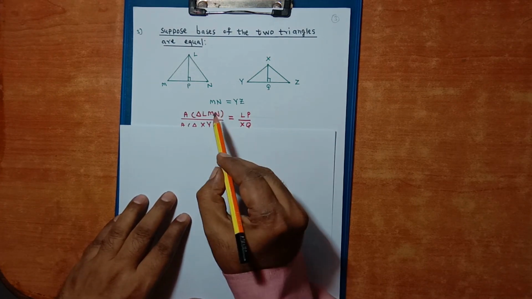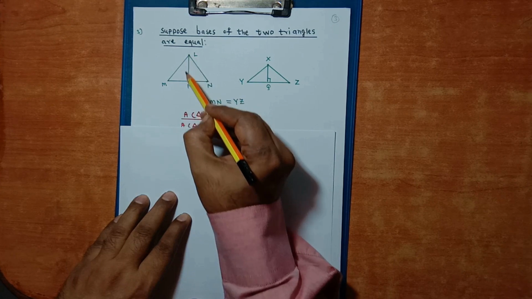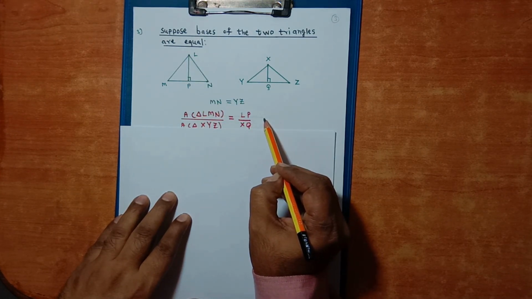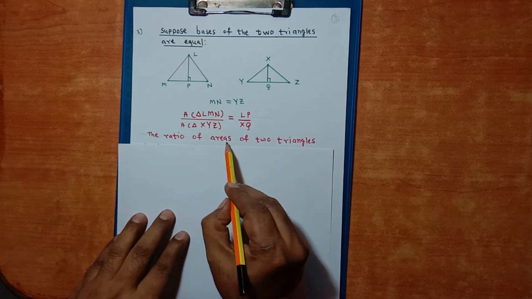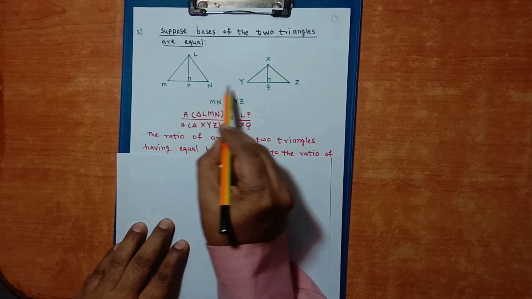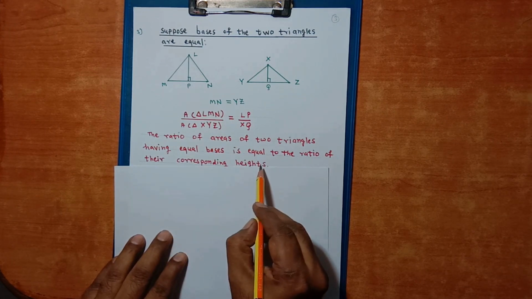Then area of triangle LMN upon area of triangle XYZ is equal to LP upon XQ. That means we have considered here their corresponding heights. So the ratio of areas of two triangles having equal bases is equal to the ratio of their corresponding heights.